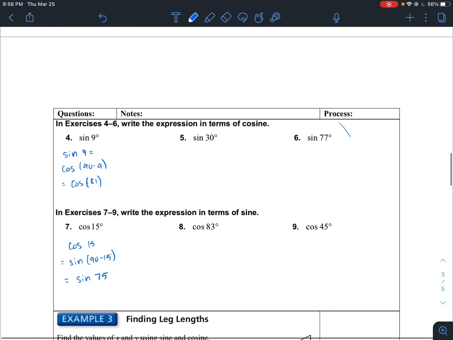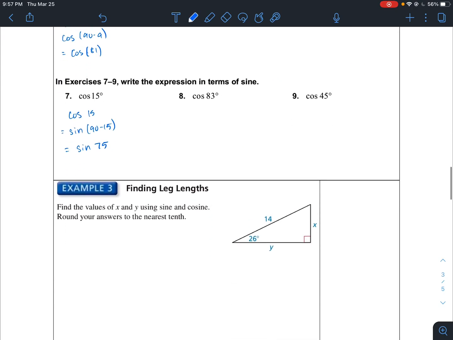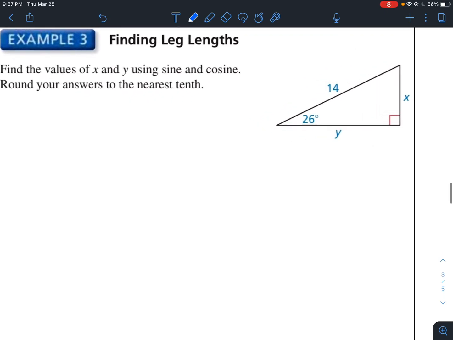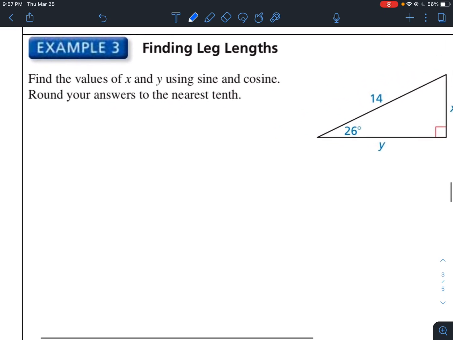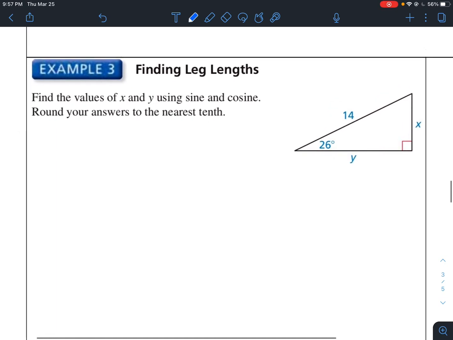Okay, so go through these ones and do the exact same thing, but I'm going to keep going. So here is finding the side length. Now we did something similar with the tangent function. So find the values of x and y here using sine and cosine.